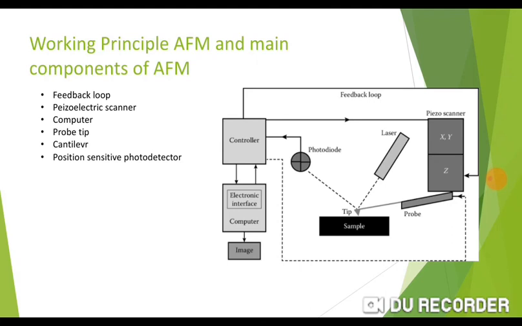The probe tip is a sharp probe tip which is attached at the end of the cantilever, and it is used to sense the surface properties and cause the cantilever to deflect. And there is also a position sensitive photodetector which measures the deflection of the cantilever. So these are a few components of atomic force microscopy techniques.